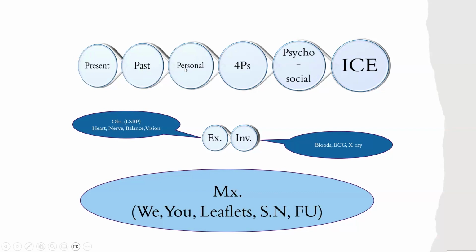Personal history is important only if you suspect TIA and the patient had the fall 1 or 2 days before. The patient is stable and he's telling you, doctor, I had a fall 2 or 3 days before. Then you can ask about personal history because this is one of the risk factors of having TIAs and strokes and heart attacks. So you can advise the patient on them.